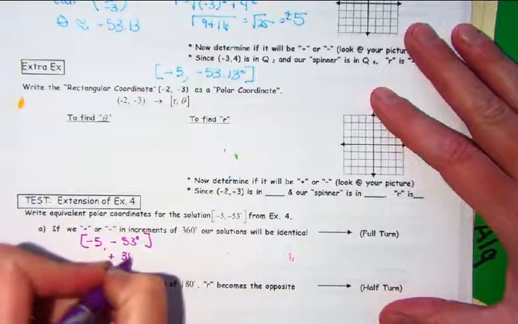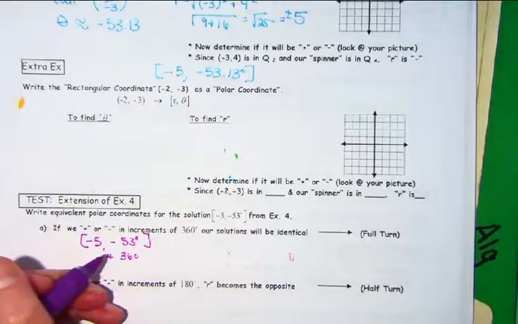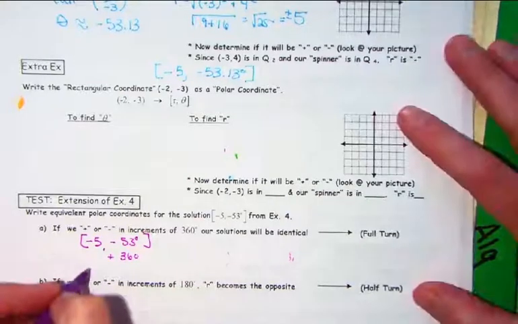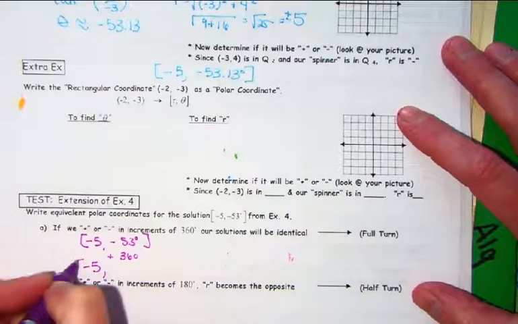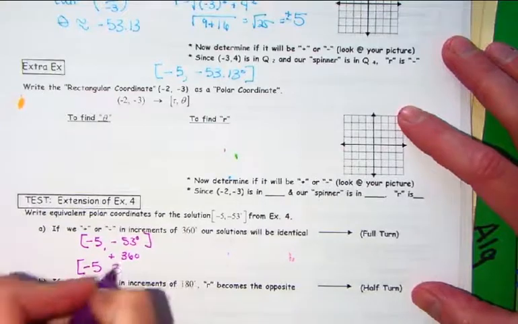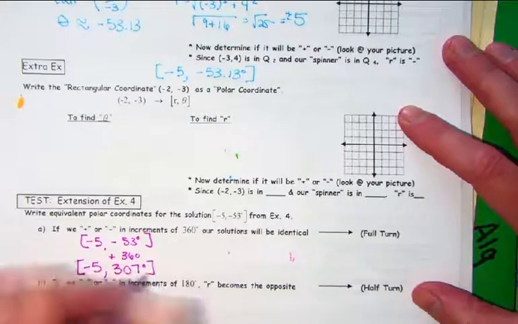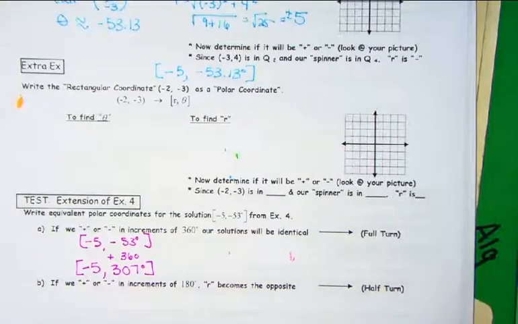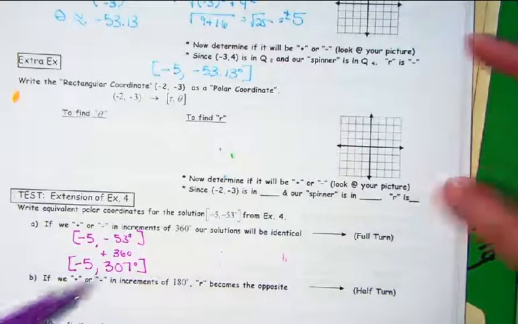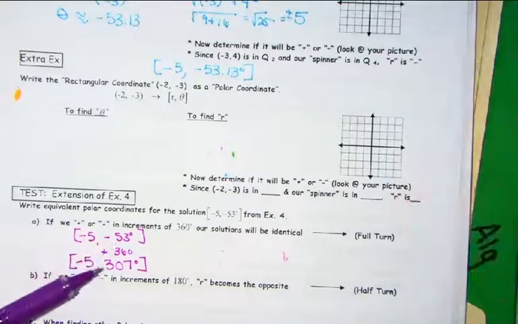So if I add 360 degrees to the negative angle, I'm going to end up with a coordinate set of -5 and 307 degrees. Same point if I were to plot these, but now I can write this with a positive angle measure instead of a negative.